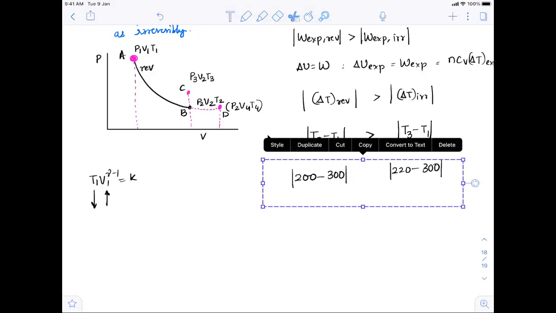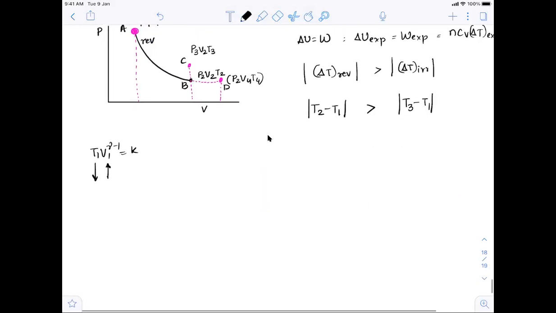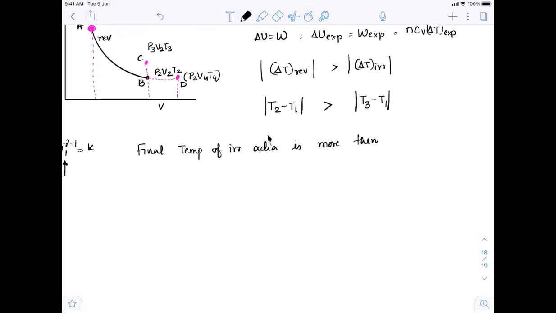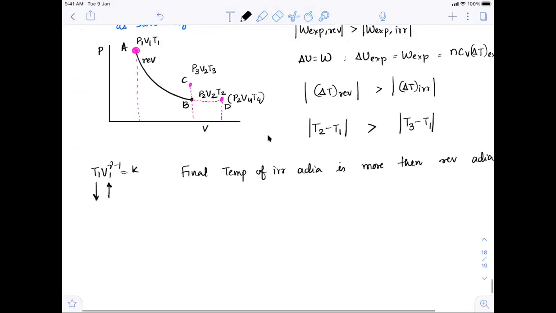So this brings a very important conclusion that final temperature of irreversible adiabatic is more than reversible adiabatic.